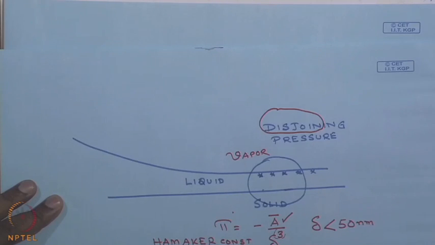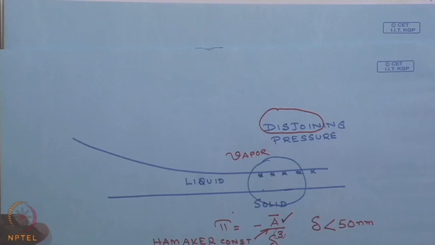So, A is called the Hamaker constant and B is called the dispersion constant, and obviously they depend on the liquid-solid combination. There are ways to theoretically calculate the values of the Hamaker constant and the dispersion constant.